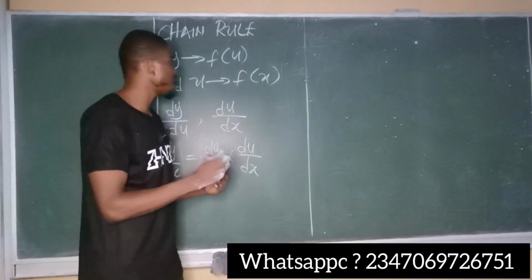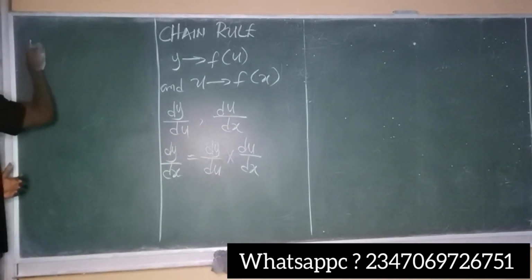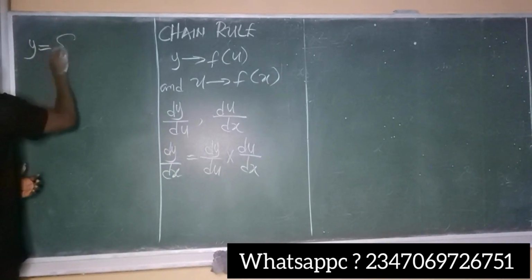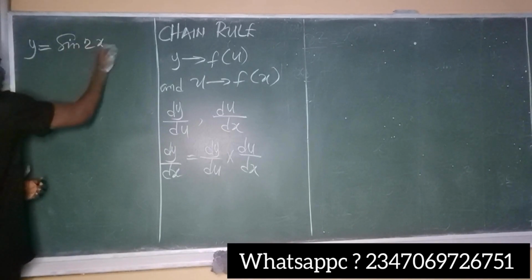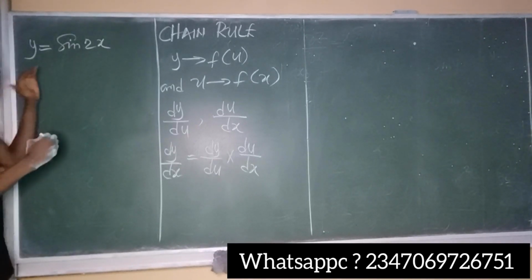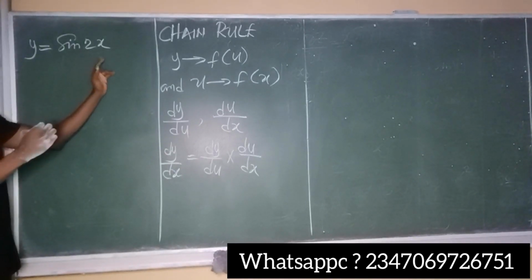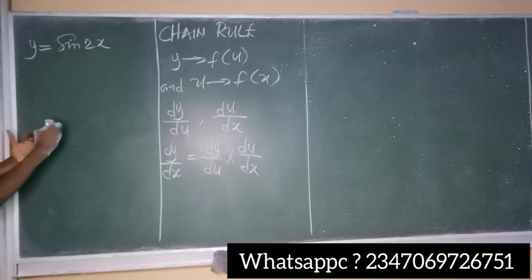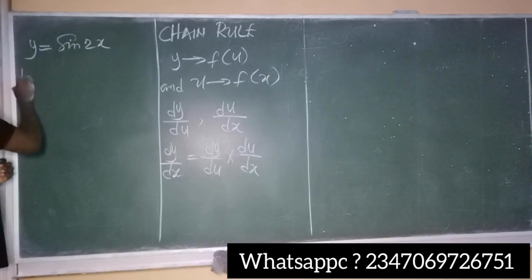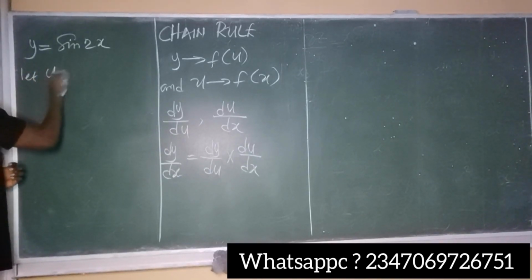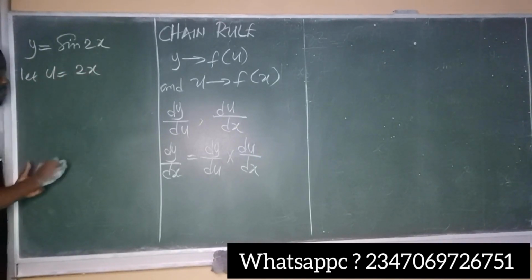Now let's say I have y to simply be equal to sin 2x. Now y depends on the value of x. So let me now say let u be equal to 2x.